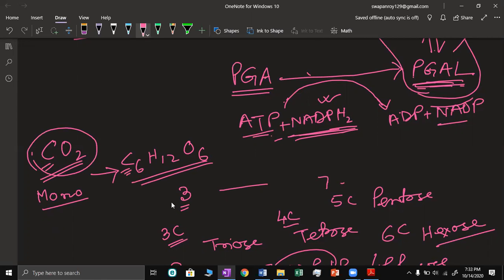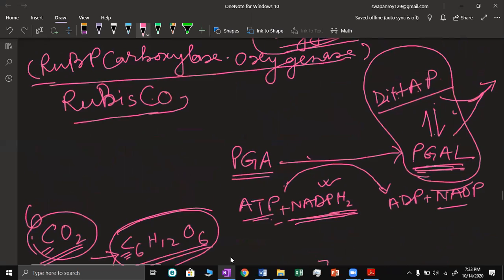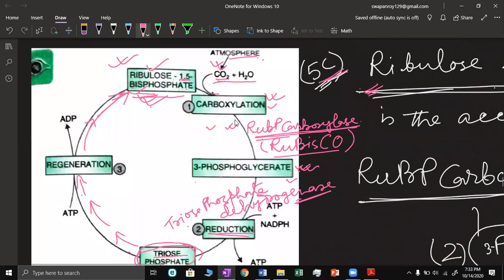So for production of 1 molecule of glucose or fructose, 6 molecules of carbon dioxide are required. So if 6 molecules of carbon dioxide we take, then 6 molecules of RUBP are required.